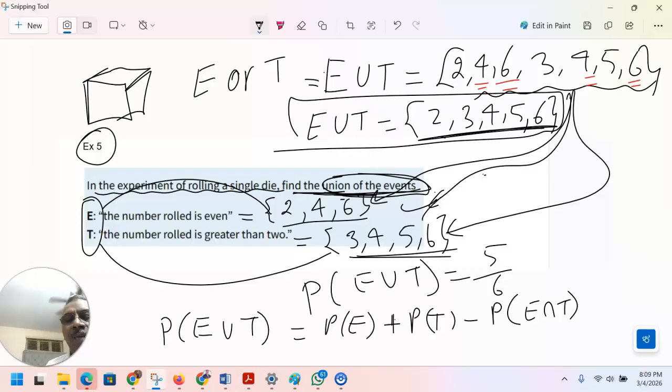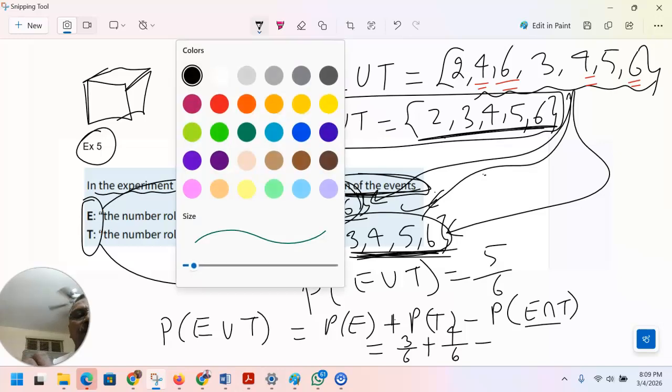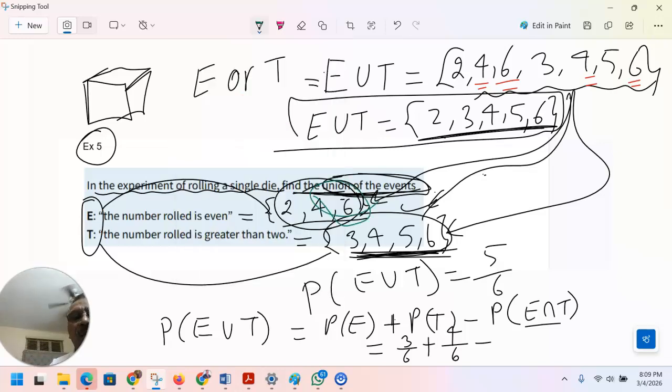For E there are 3 of them, so 3 out of 6, and greater than 2 there are 4 options, so 4 out of 6, and the ones that are common are 4 and 6, so 2 out of 6.